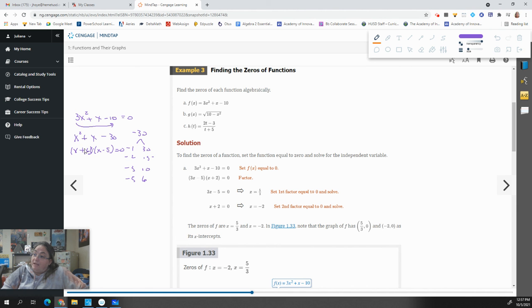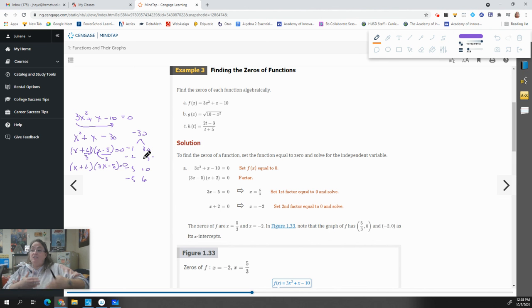So I'm going to divide this side by 3 and this side by 3. 6 divided by 3 is just 2, so this becomes x plus 2. 5 divided by 3 is not a good number, right? It doesn't divide evenly. So I'm going to take this 3 and put it in front of the x, and I wind up with 3x minus 5 equals 0.